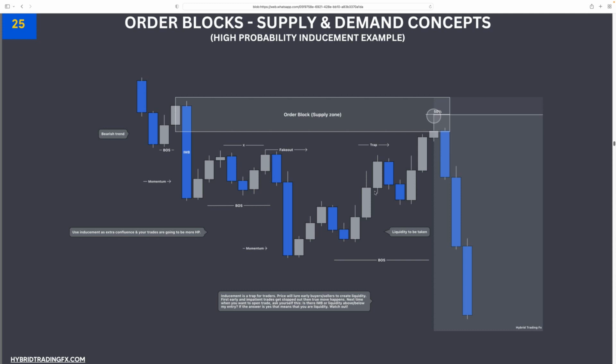It's really hard. So I would really recommend joining the community and learning about those things, when it's the better time to take advantage of the momentum and ignore the imbalance, ignore liquidity, and when it's better to just wait for that liquidity inducement to happen and then trade.